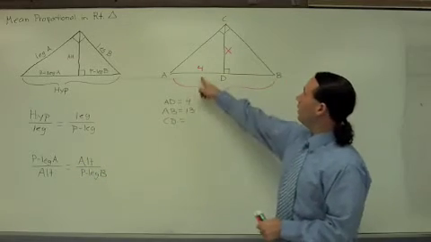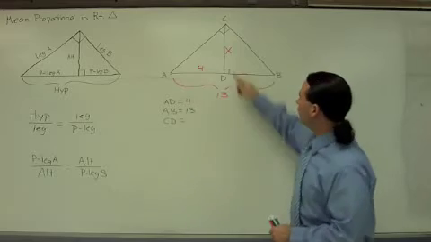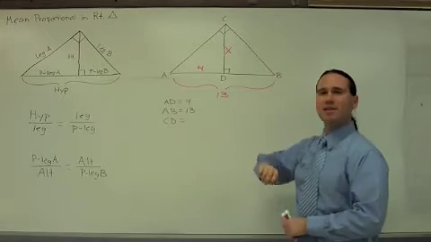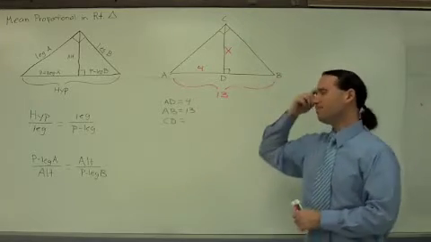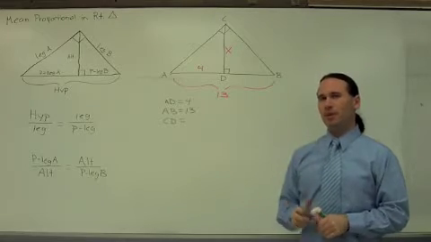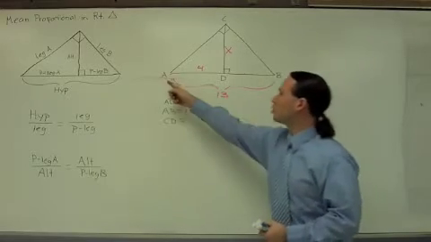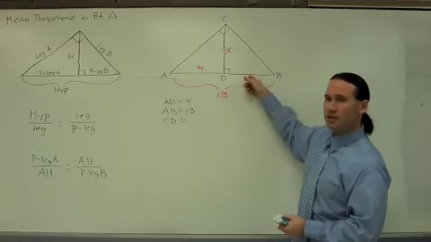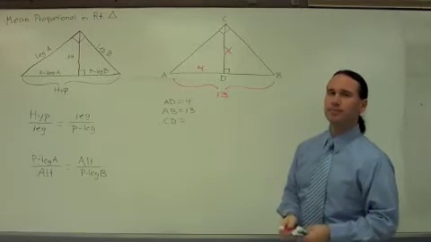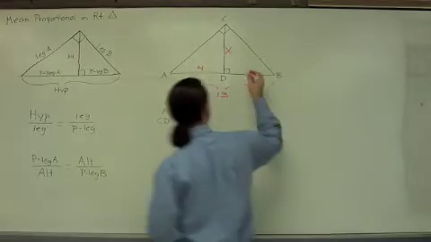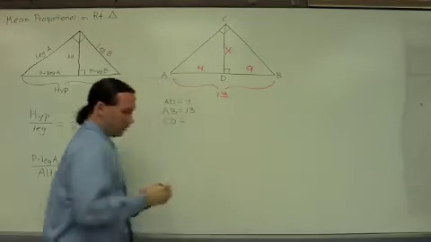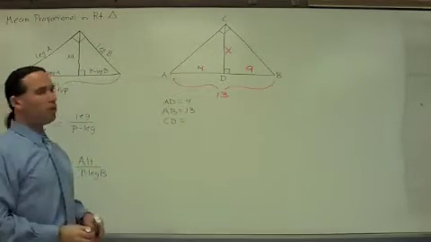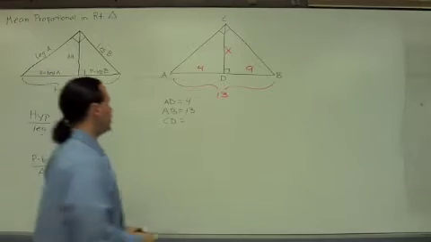Well, P leg A, that's 4, no problem. Altitude, that's what we're looking for, that's X. P leg B, we're not given P leg B, but you can figure it out, right? If this whole thing is 13, and this is 4, then that's 13 minus 4, or 9. So we've got 9 for our P leg B. Well, now we just plug into the proportion and solve.